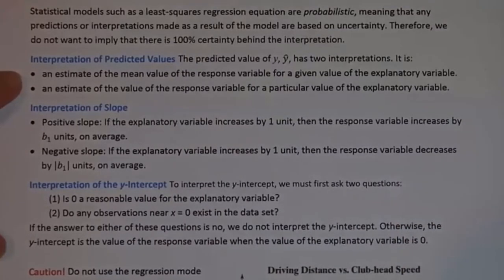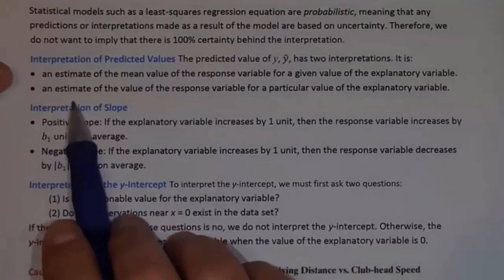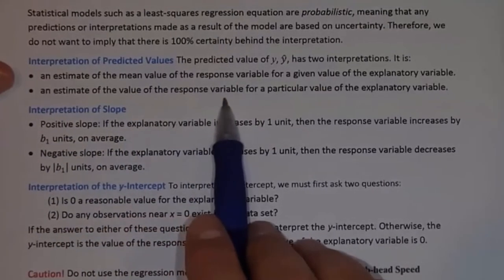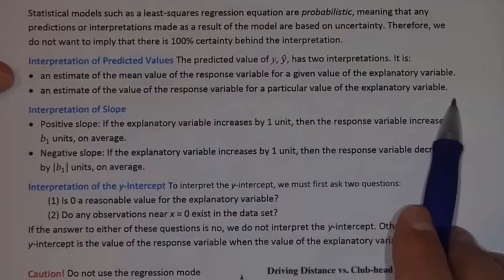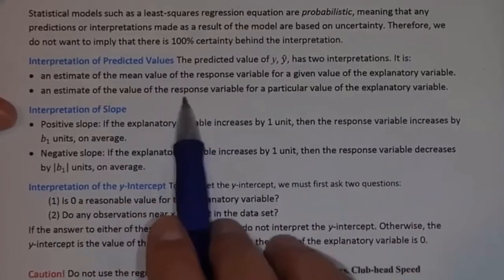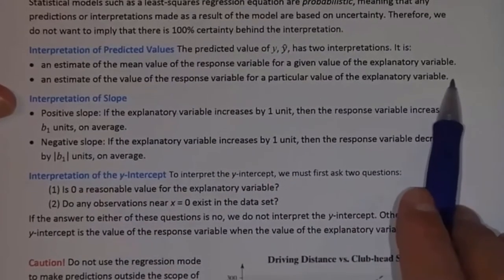So what we're doing is we are estimating what the y value will be for a given value of x. The second is an estimate of the value of the response variable for a particular value of the explanatory variable. So really those pretty much say the same thing. They're very similar.